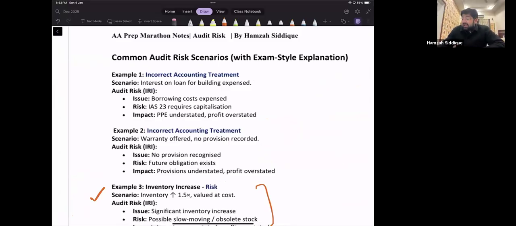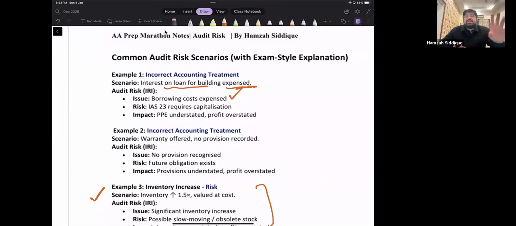The company has capitalized interest on a loan which the company took for building construction. IAS 23 Borrowing Costs says it should be capitalized as part of the cost of the asset. But the company has expensed it, which is incorrect treatment. This is the fact issue.